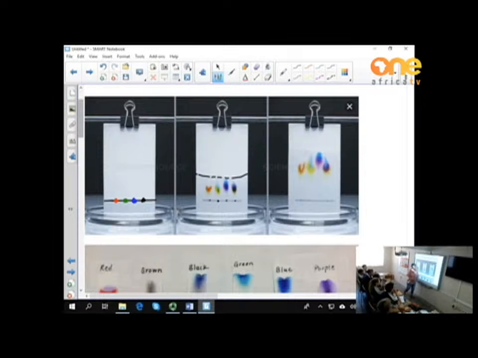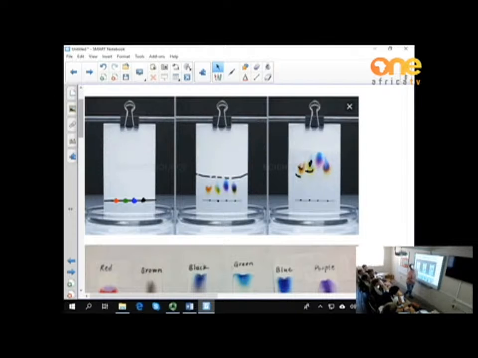A little while later, this is what we get. The spots have moved. We can see that the red ink that we started with is starting very slowly to separate there. You can see some yellow and there's some orange. Okay? The green ink we started out with very clearly contains yellow and blue.